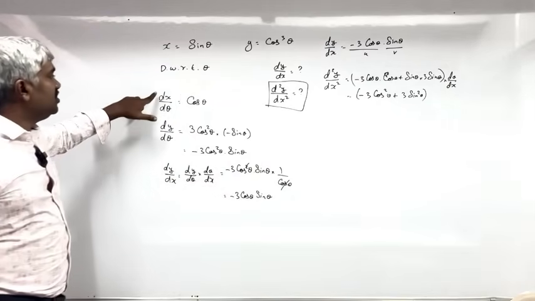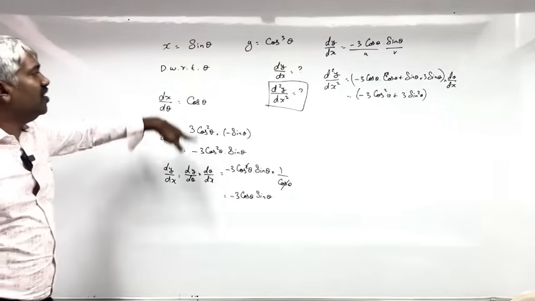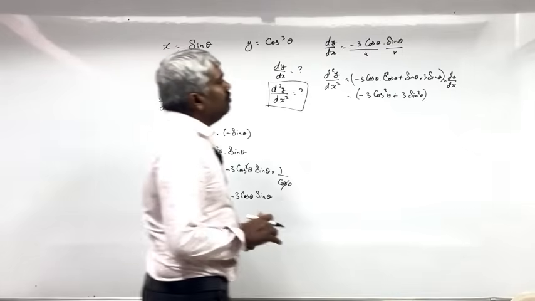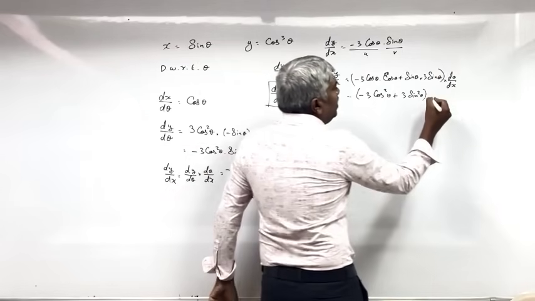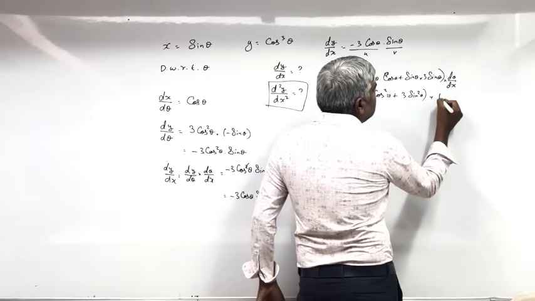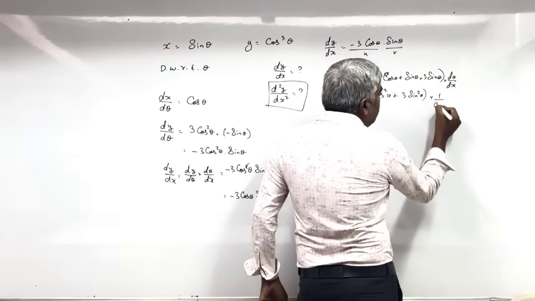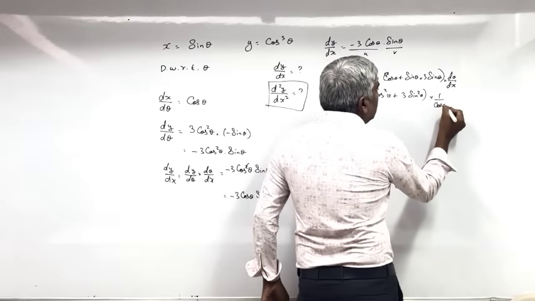So what is dx by d theta? Cos theta. But when you need d theta by dx, it is 1 by cos theta.